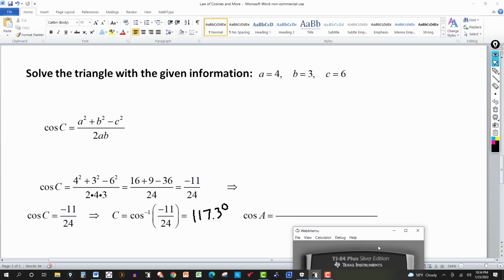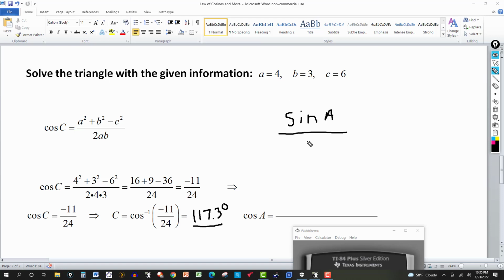So let's suppose I wanted to find angle A using the law of sines. I could find all three using the corresponding formula for a particular angle. But if I go with this one and say, let's use the law of sines, let's suppose we'd only done this one, and we wanted to find angle A. So you could just say sine of A, remember, it's over the opposite side.